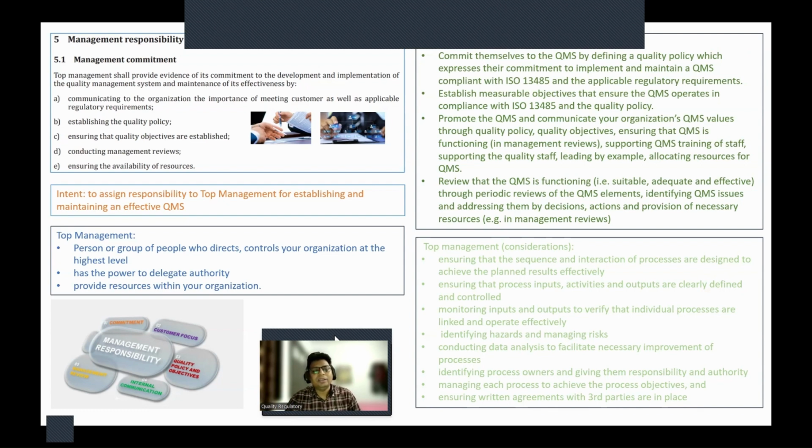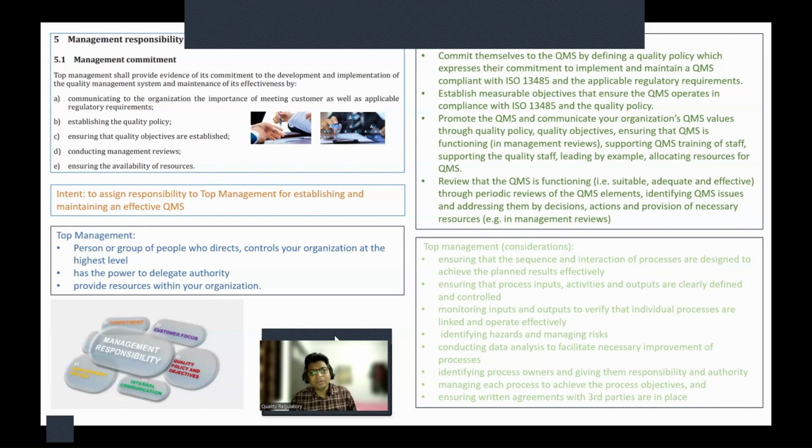And ensuring the availability of resources. The top management has to ensure that the required resources are available. It is not that one function is fully equipped while another is not focused on. For example, sales and service may be fully equipped with resources, but on the other side there are no resources for production, quality systems, customer care, or R&D if they have it.